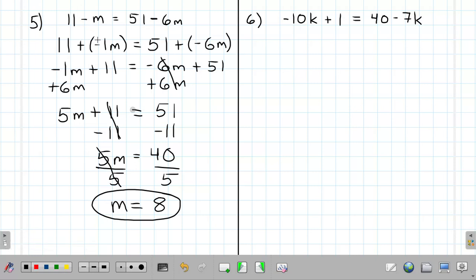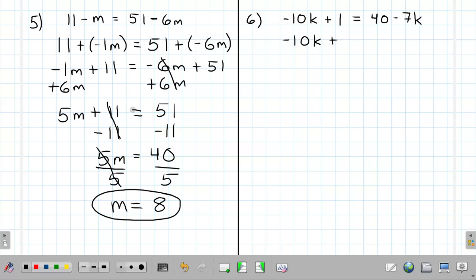So I do strongly suggest, if you do have trouble seeing what am I even adding here, what are my coefficients, what are my constant terms, if you write it as a sum, as I'm going to do in number 6 here, and I'm going to do it with every one of them, it's clear to see what I've got on each side, what my terms are, what I need to add, what I need to subtract. Okay, I'm going to do the same thing here with number 6.